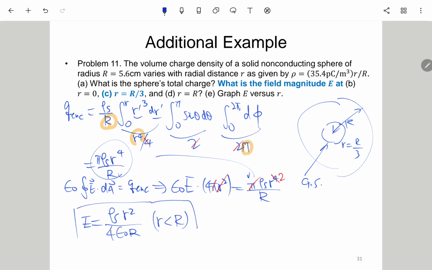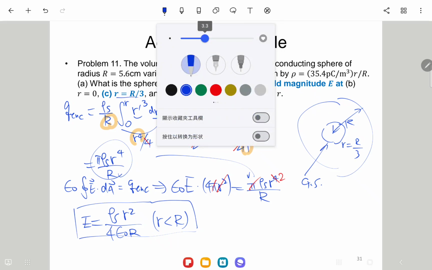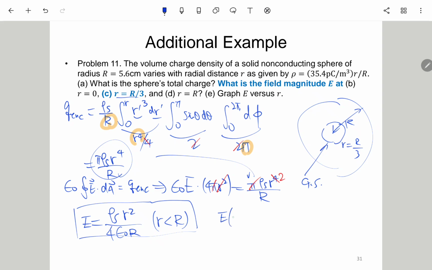Okay, so this is the closed form solution. But here we would like to calculate when r is equal to capital R over 3. So when r equals capital R over 3, we have rho S times (R over 3) squared over 4 epsilon naught R, which will be rho S times R over 36 epsilon naught. And then we can plug in all the numbers.